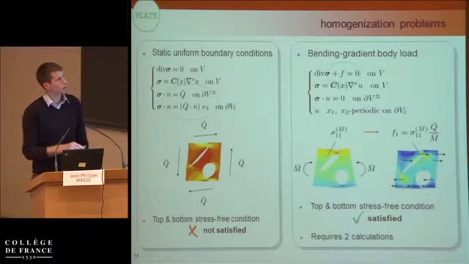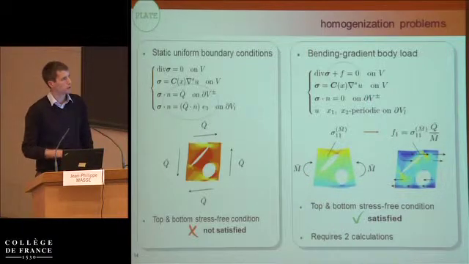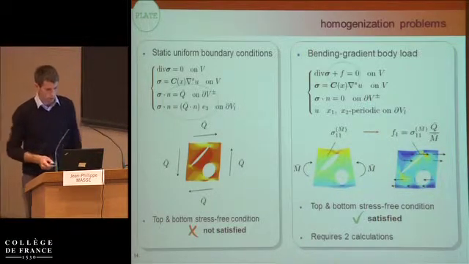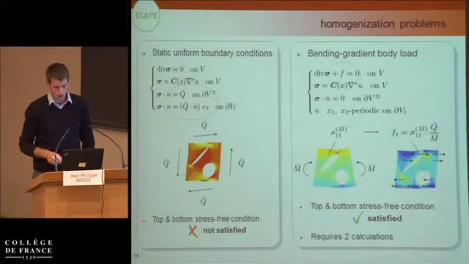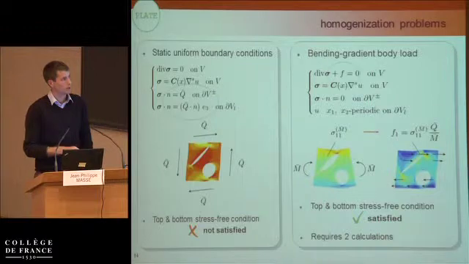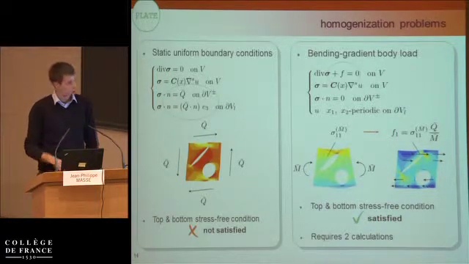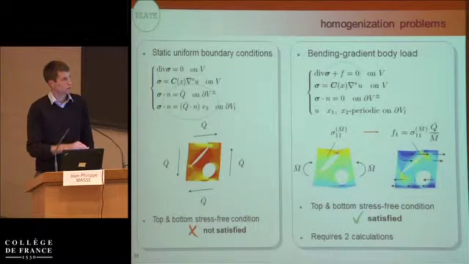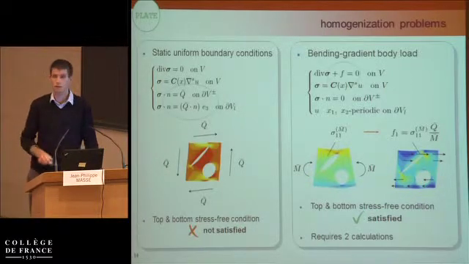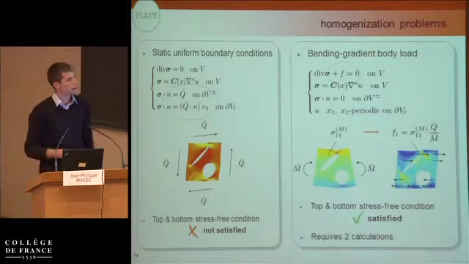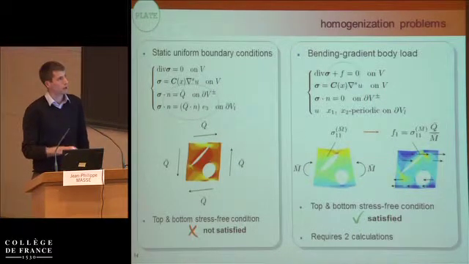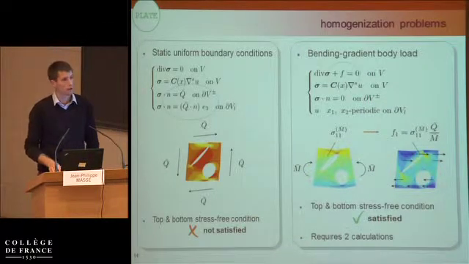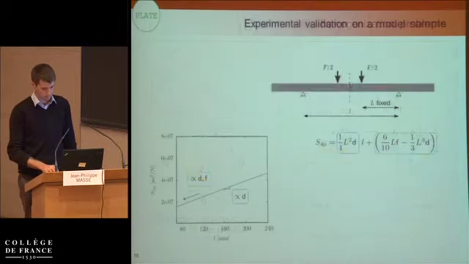We can then demonstrate that the resulting average loading of the unit cell is a transverse shear, so we have a link between the gradient of the moment and the transverse shear. Because we already do this calculation to identify the bending stiffness, we can do it cheaply and compute the transverse shear stiffness.